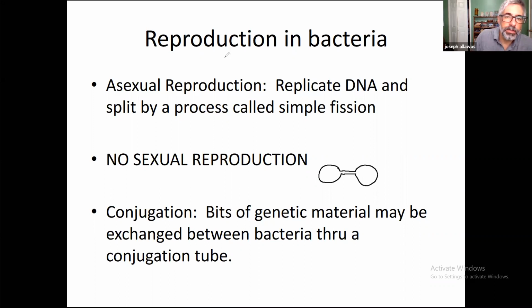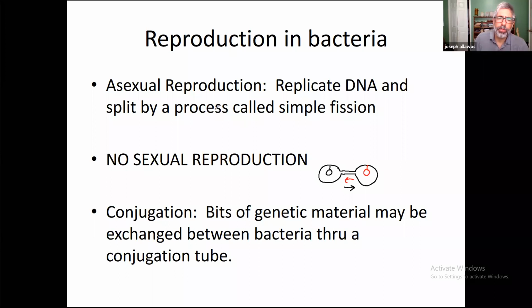And let's just say they're individuals of the same species, but we'll draw their genomes different colors. What they can literally do is pass little bits and pieces of their genetic material between the two individuals. This is a way of shuffling up the genes. It's not sexual reproduction per se, but it's a way of shuffling the genes.